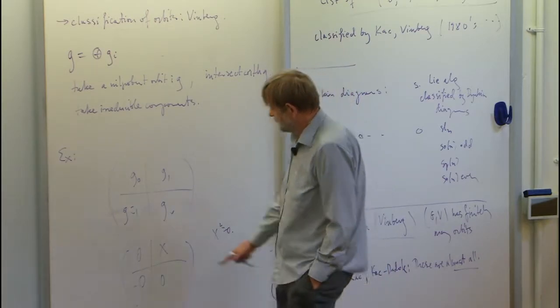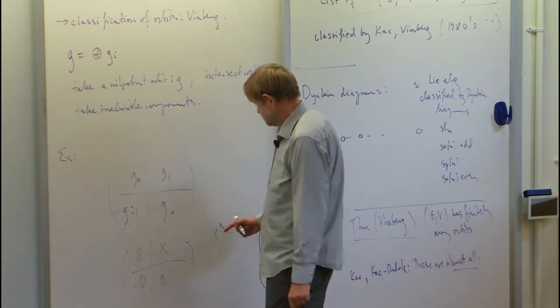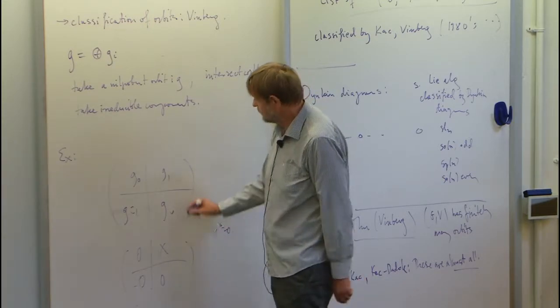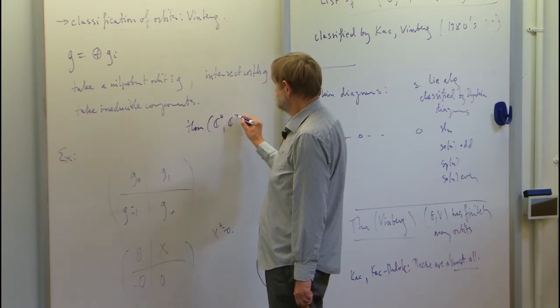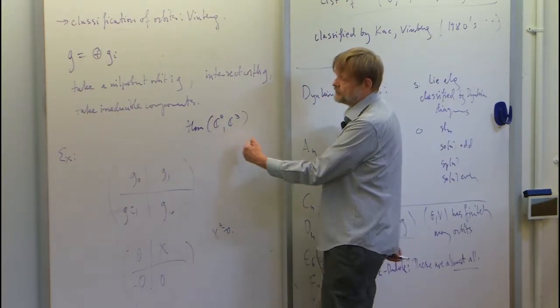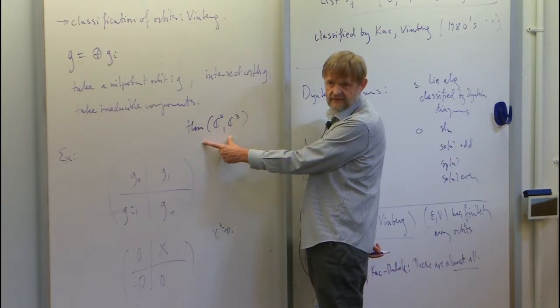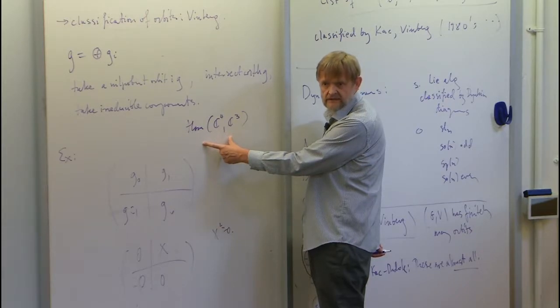So first, what are the orbits in Hom(C4, C3)? We allow row and column operations, so these are just rank varieties. Matrices of a given rank give you a variety.